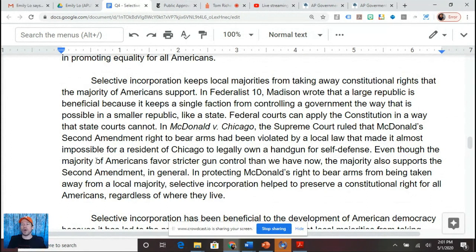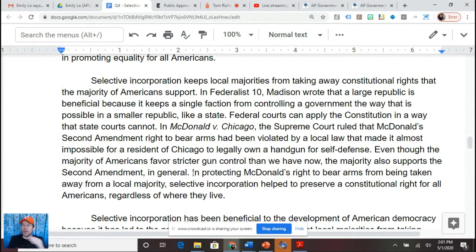But both of these are defensible claims: that the majority of Americans want stricter gun control laws, but the majority of Americans also oppose just general bans on handguns and rifles or shotguns. So that's something you see, that the majority of Americans across the country support the Second Amendment in general, even if they want stricter gun control laws.